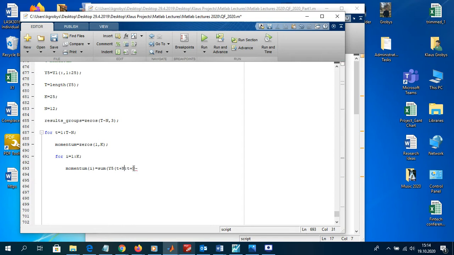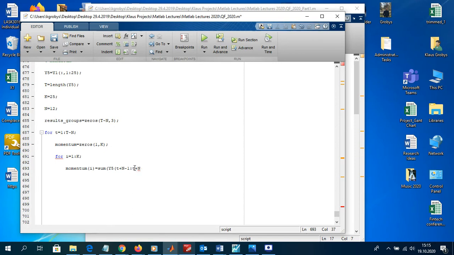So obviously we have to start at t plus N minus 2 until t plus N minus 1. It's actually N minus 1. So we are at time capital N, this is 12, in the first iteration.